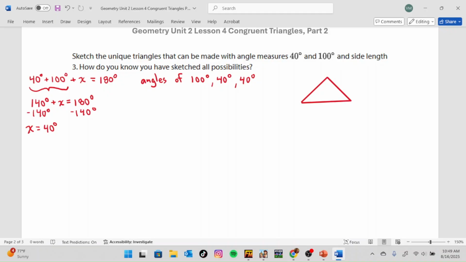Because we're going to have an angle here that's 100, an angle here that's 40, and an angle here that's 40. And when you have angles that are congruent, such as here and here, then the sides opposite of them, here and here, are also congruent.